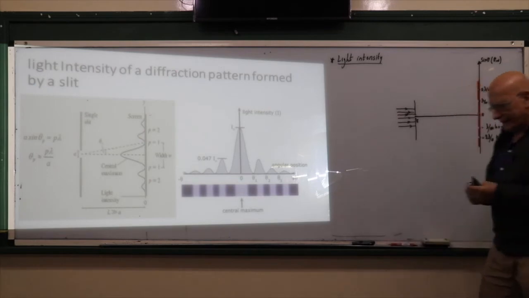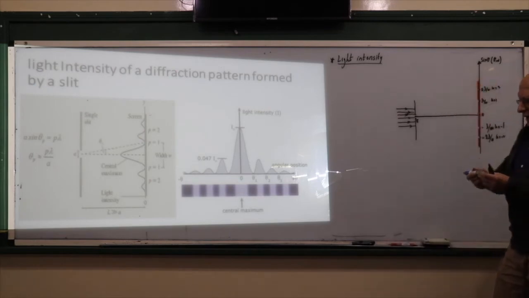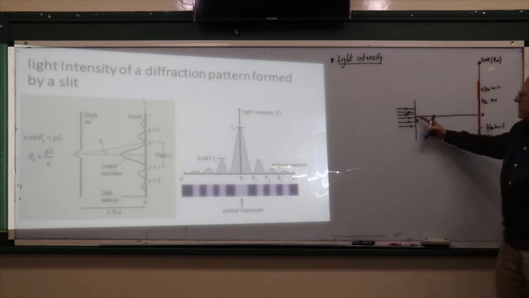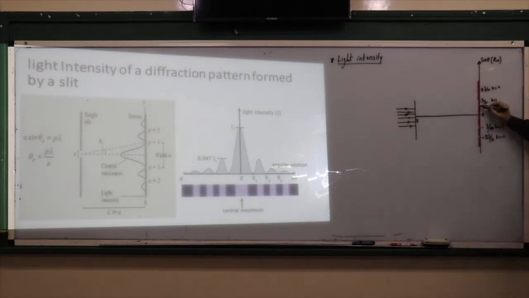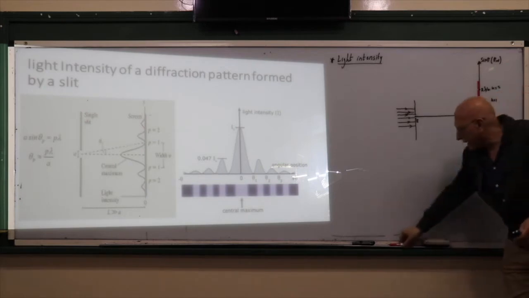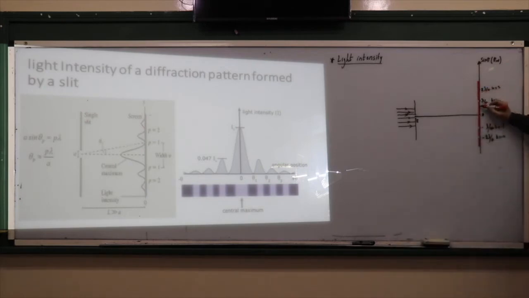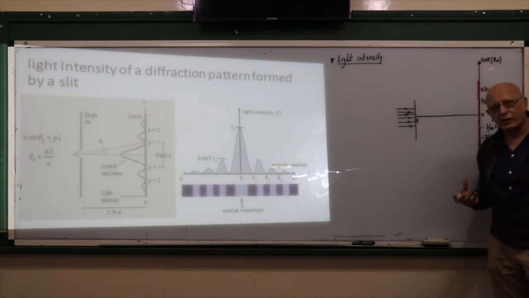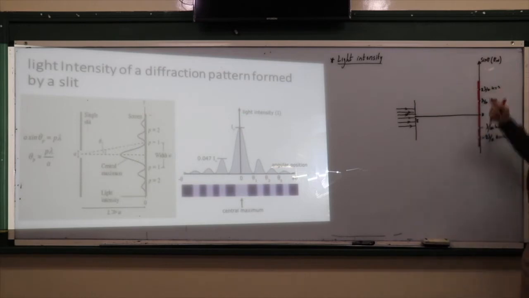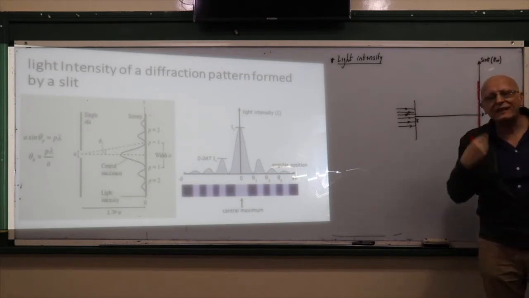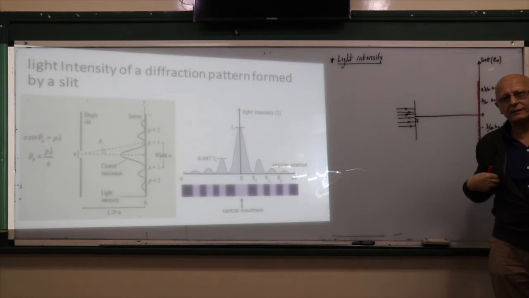The intensity. As you know, light will reach this region. So at every point on the diffraction pattern, there is intensity of light. Why? Because every point here is receiving energy from light.